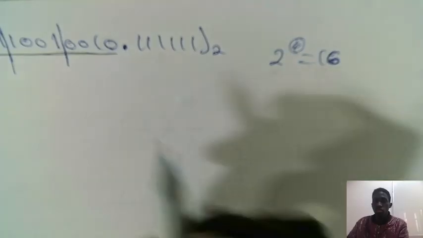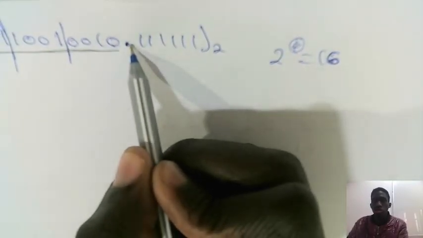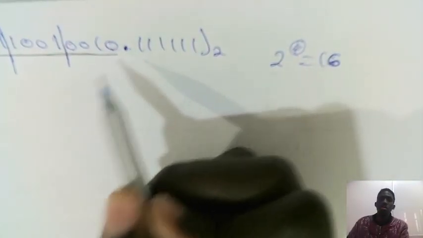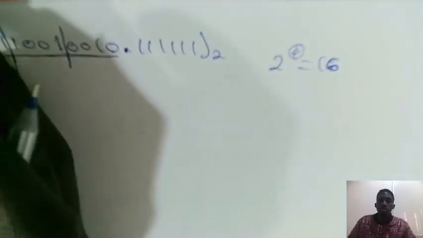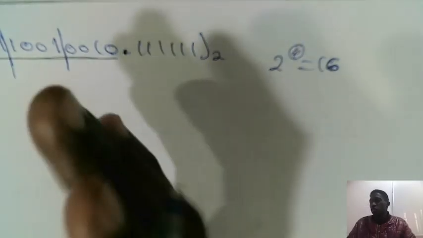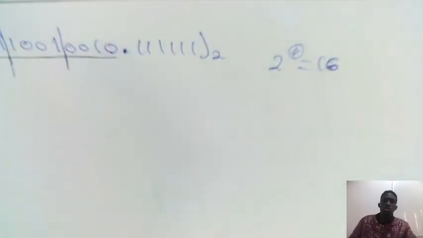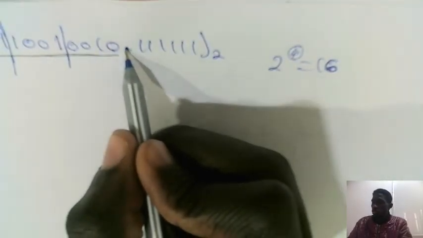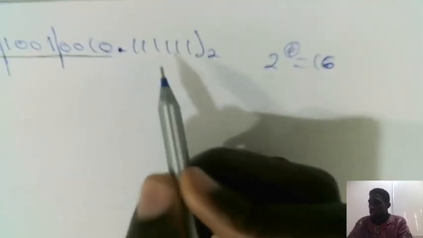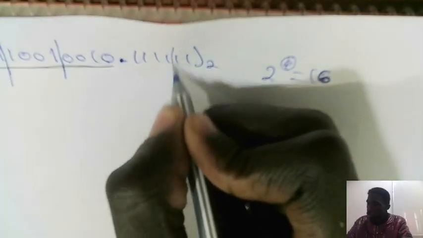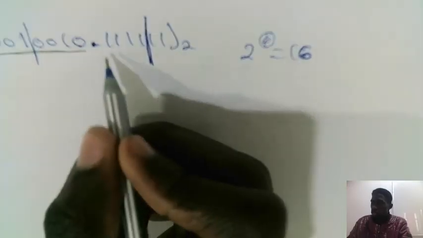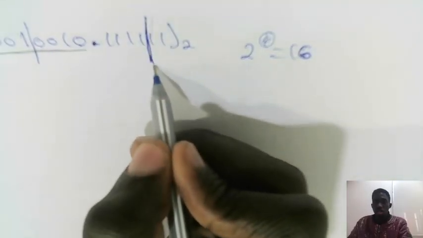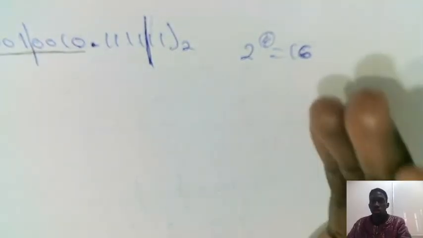Now I come over to the parts after the decimal point and I start grouping this time from the left to the right. For the whole number part, it's from the right towards the left, but now it's from the left towards the right. So I count 1, 2, 3, 4. I'm making groups of 4. So this is where the slash is. 1, 2, 3, 4 slash. I'm grouping from the left towards my right.